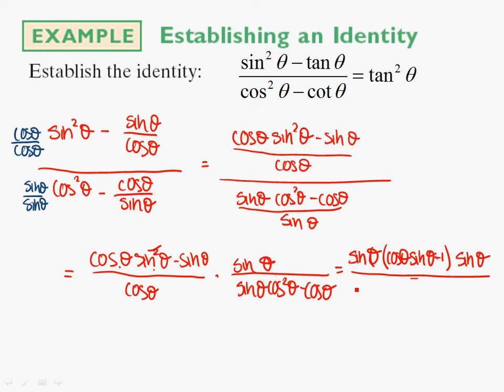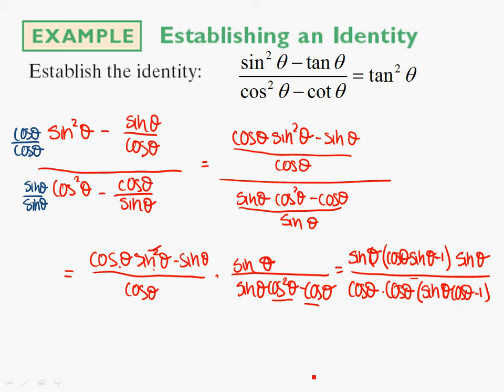In the bottom, I get the cosine of theta, and then, let's see, what can I take out here? I have a cosine squared and a cosine, so I can take out a cosine, right? That leaves you with the sine times the cosine minus 1.